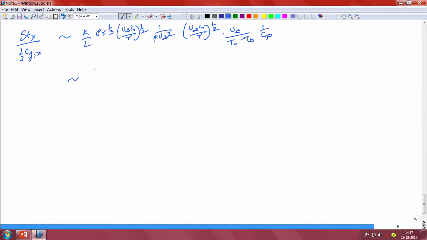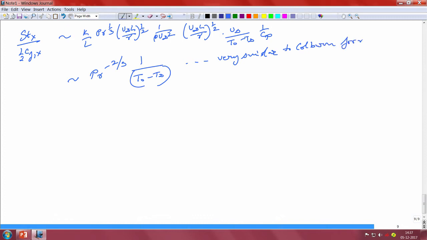If you do all the motions, this will be Prandtl number 2/3 into 1 minus T naught minus T infinity. This is very similar to the Colburn formula. You just do the math, do the steps, you will get this Colburn formula. Very, very similar to the Colburn formula.